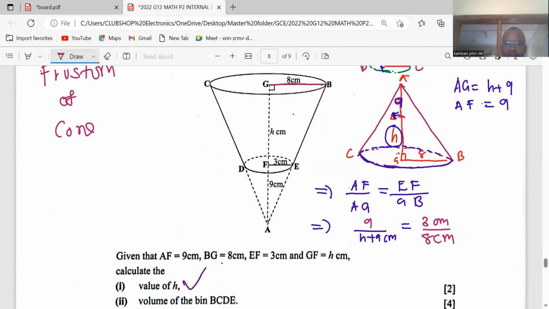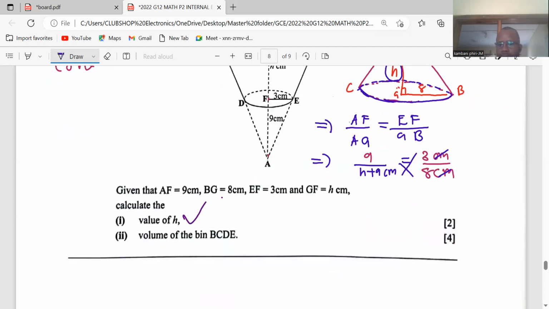You can get rid of the units, please, so that you don't get confused. You multiply. So what do you have? You're going to have 3 times H plus 9 is equal to 9 by 8.